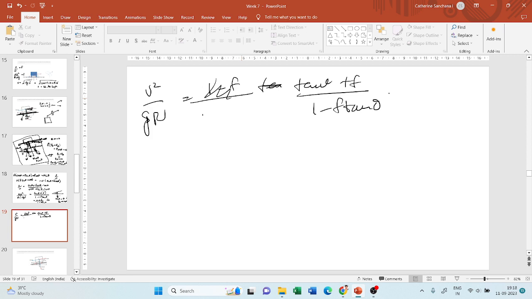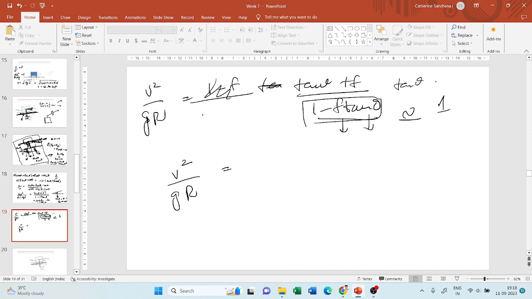Okay, in this equation what you can do is, this 1 minus F tan theta can be approximated as 1. Because F is small, tan theta is small, so you can approximate it as 1. So V square by GR is equal to tan theta, you just replace tan theta as E, so E plus F. So this is the equation to prevent skidding.